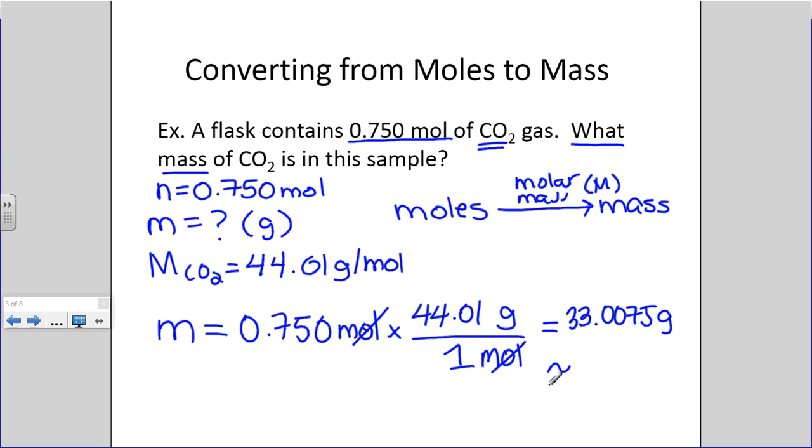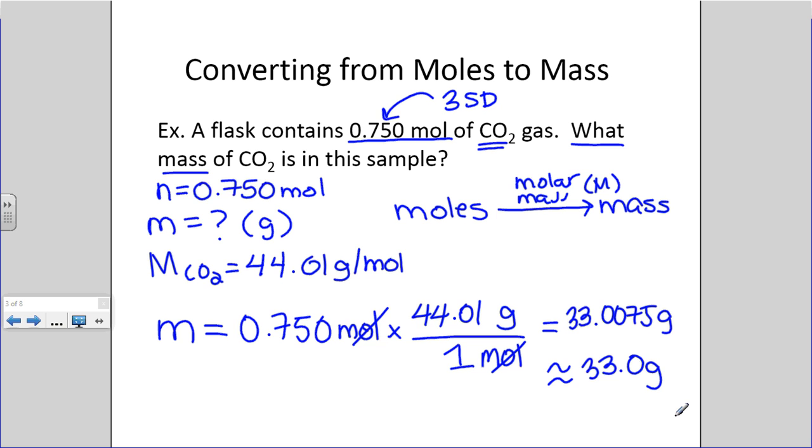And when we round, if we look at the numerical value given in the question, 0.750 is 3 significant digits. So in my answer down here, I need to make sure I round to 3. So 33 point what? It's a 0 here. Adjacent to it is a 0, so it's going to stay as 33.0. So that's how we calculate from moles to mass using molar mass.